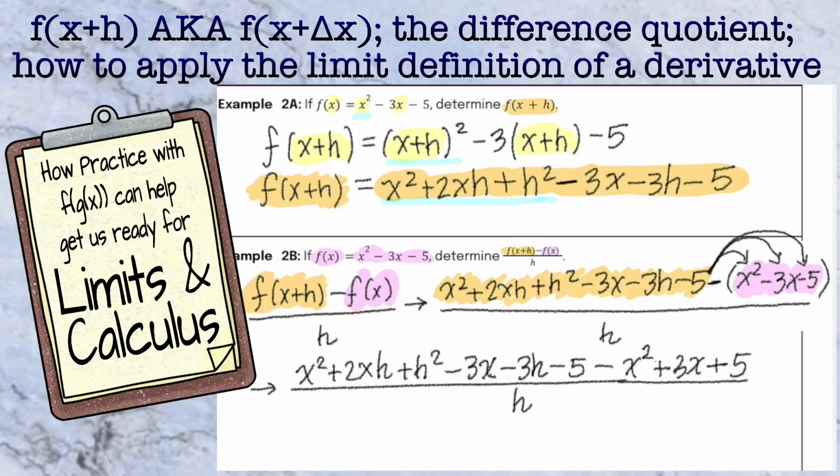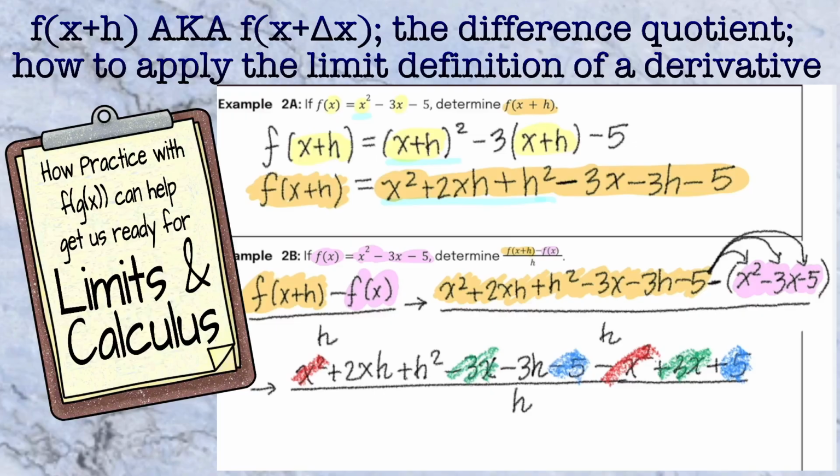Now what's going to happen? Well, when we clean this up, the x squared is going to cross out with x squared. What else is going to happen? Glad you asked. Everything from this pink part at the end is going to go away. So the plus 3x and the minus 3x are going to cross out as well, and the minus 5 and the plus 5 are out of here. So what do I have left?